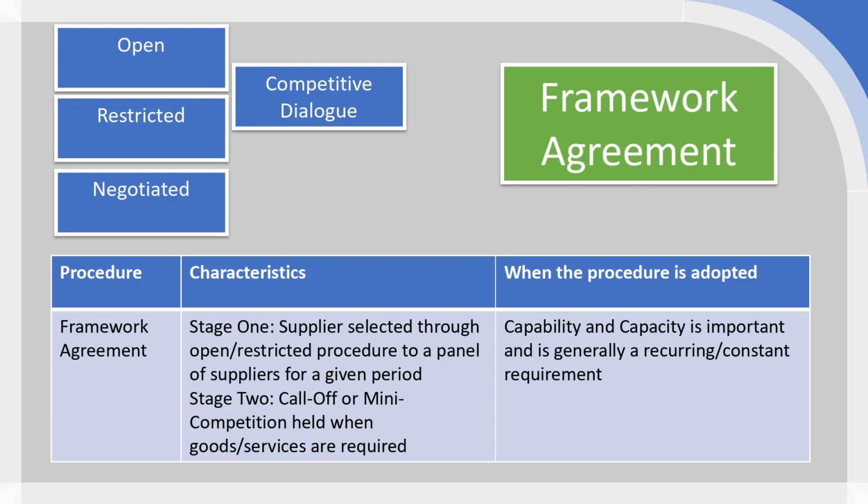So we establish a framework agreement with a range of suppliers, and then that allows us to use either a call-off or a mini competition or some other form of accelerated supplier selection from within the framework when goods and services are required immediately.